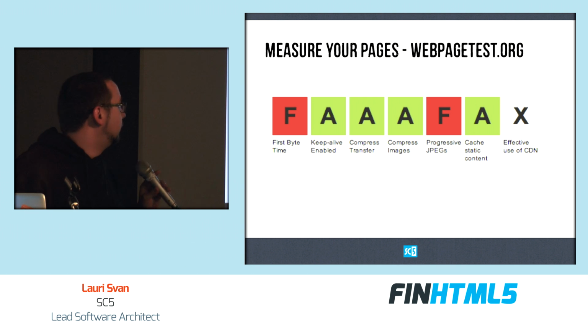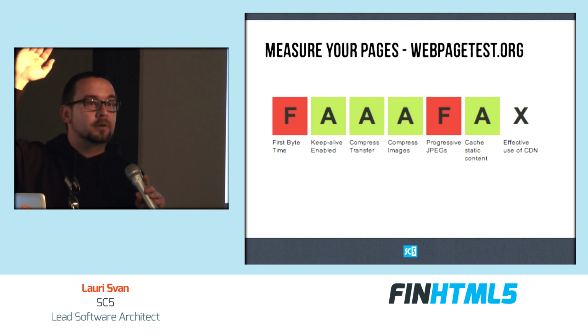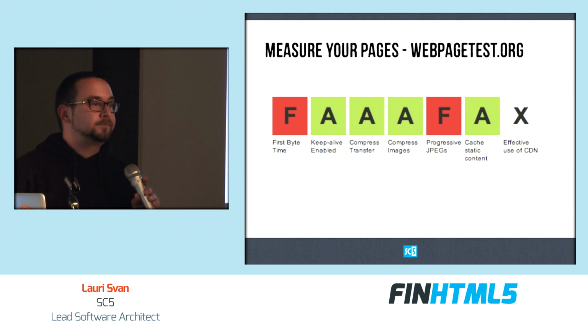The other good everyday tool is webpagetest.org. How many of you have been using this one? Yeah, you really should, because it's even easier. You probably have been using Google's PageSpeed because it's available in your own browser.